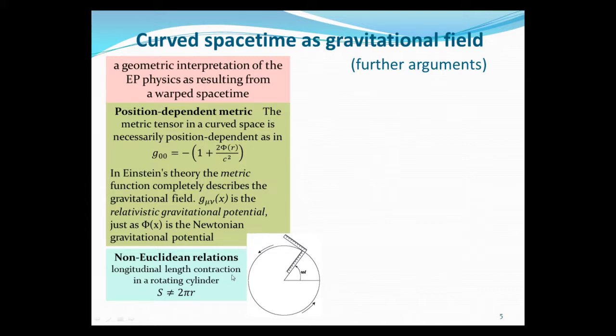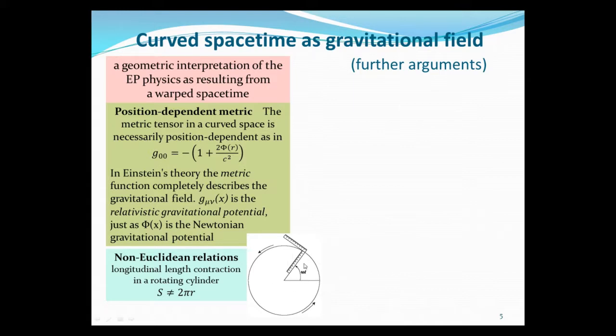For example, let's consider a concrete example. Let's say we have a rotating cylinder, rotating fast this way. So therefore, there's a radial direction, and you have centripetal acceleration. By the equivalence principle, you can view that as a cylindrically symmetric gravitational field.